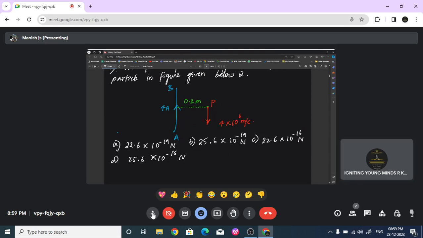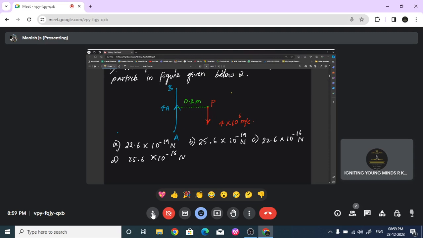Whenever you have a current carrying conductor, what does it cause? Whenever there is a current carrying conductor, what is observed around it? Right hand thumb rule. What does the right hand thumb rule tell you? It tells you that there is a magnetic field, right? So here the magnetic field is there. First you should find out the magnetic field.